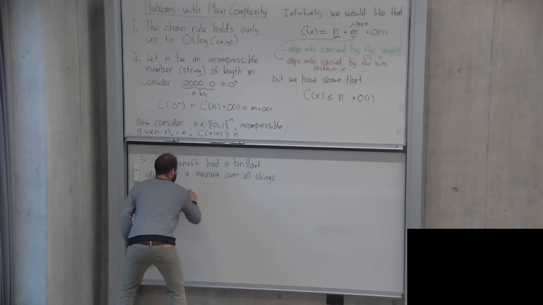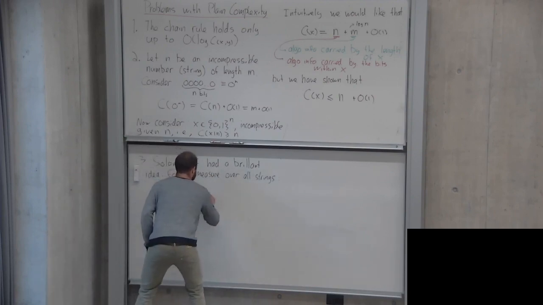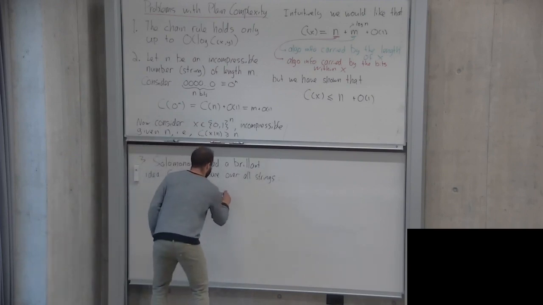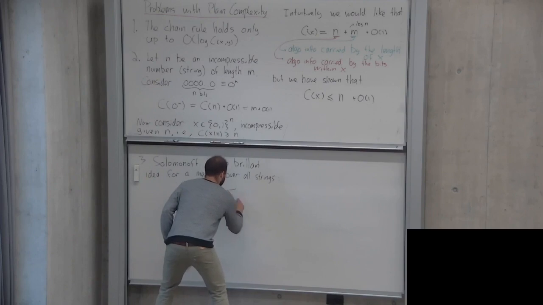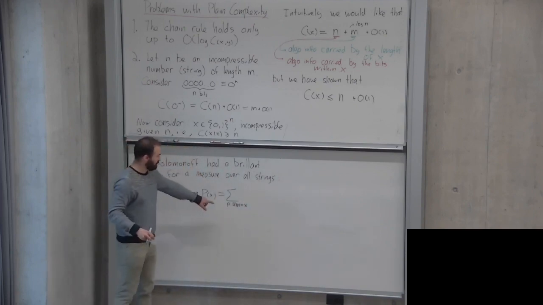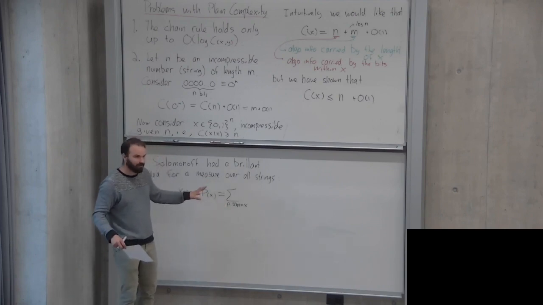The string x is mapped to, I'm going to call it P of x, defined this way. Sum over all programs such that U of P equals x. So Solomonoff was not only interested in the shortest program. He was interested in all programs that generate x. And then what did he want to sum?